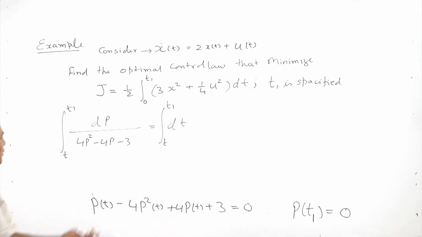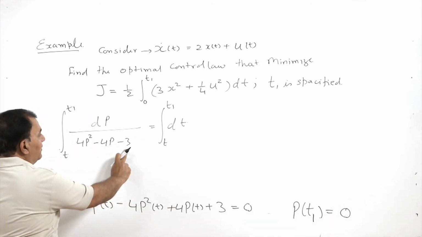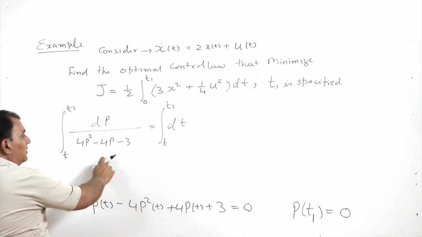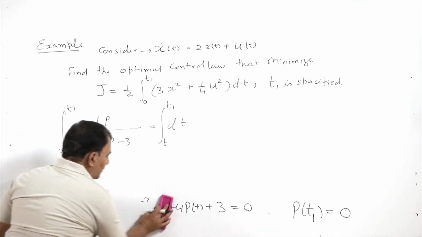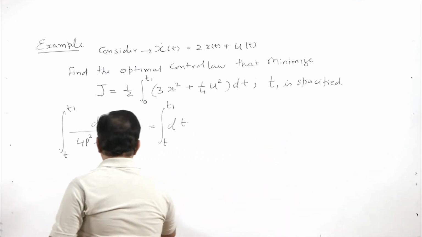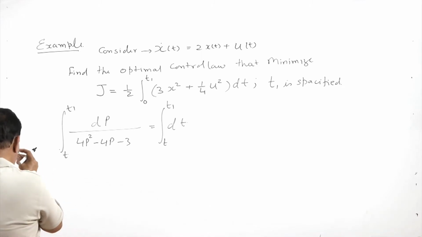So, there are many approaches to solve this. I can make the factors of this, then directly take the integration. I will integrate this. You can perform the calculation yourself, and I am giving you its final solution.